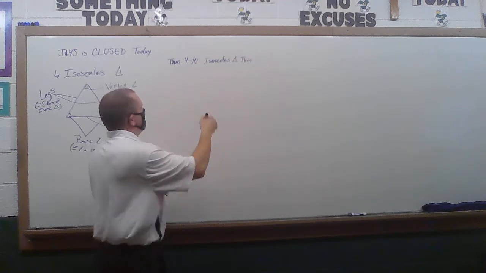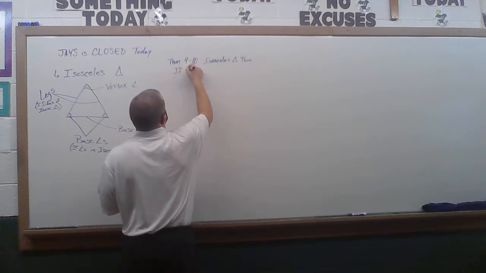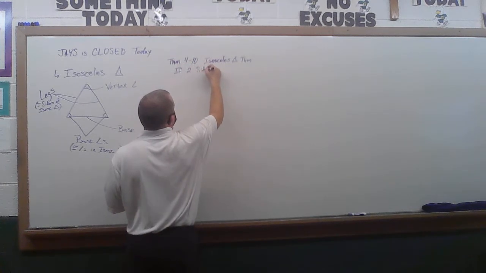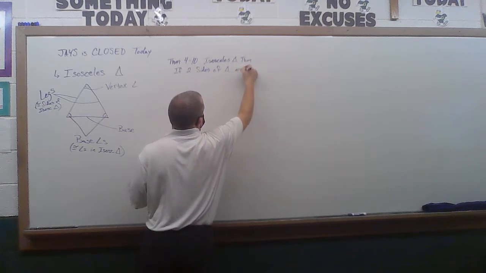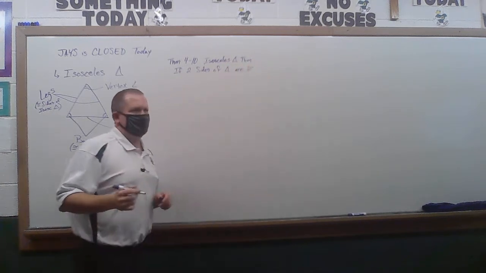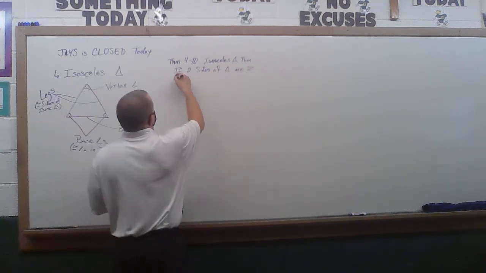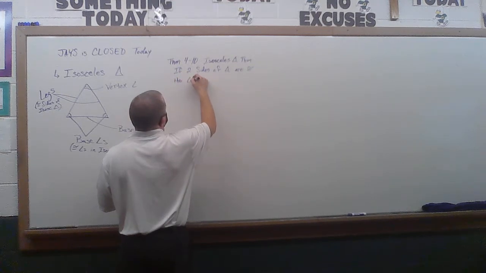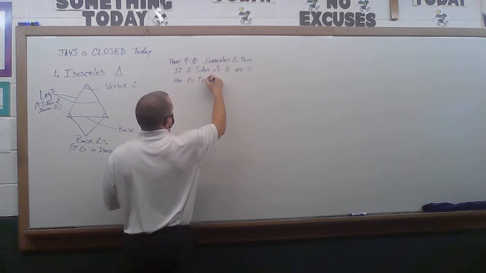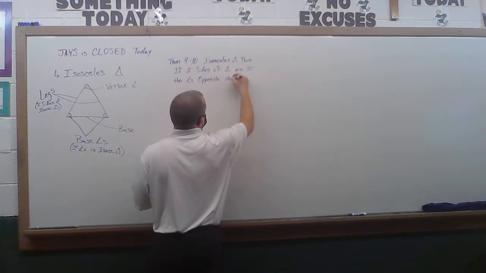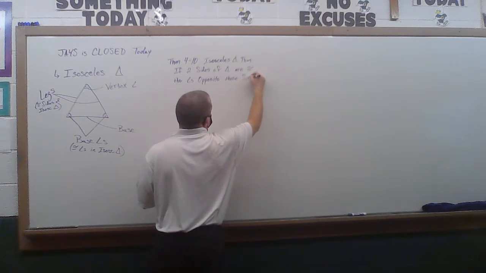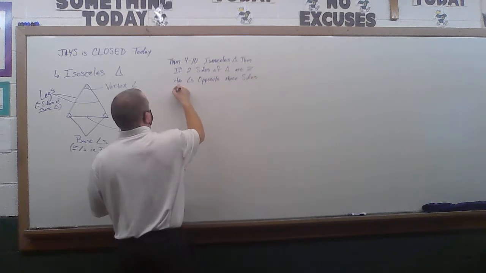And this basically just says if two sides of a triangle are congruent, the angles opposite those sides are also congruent.